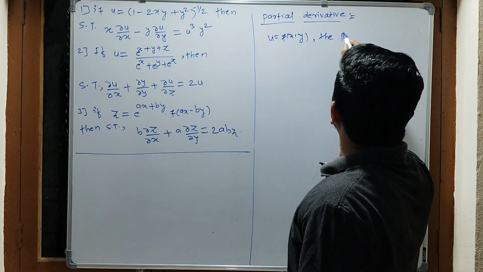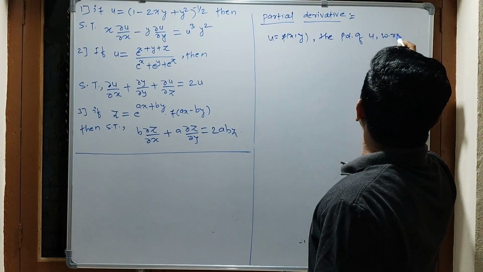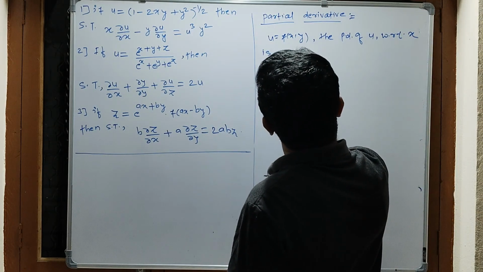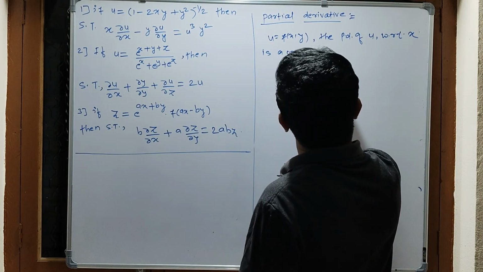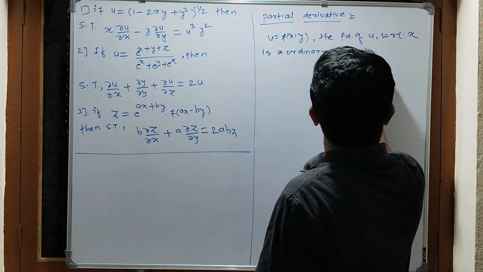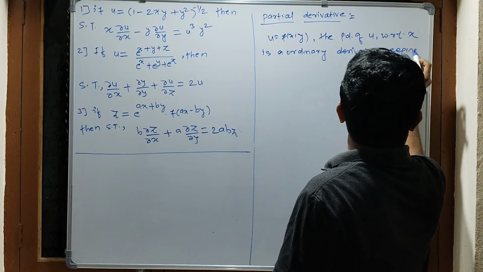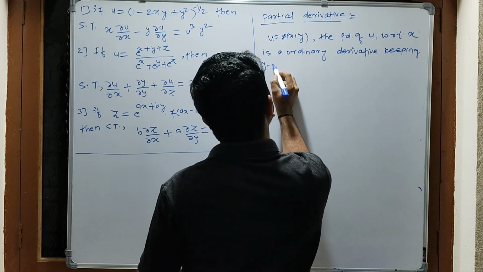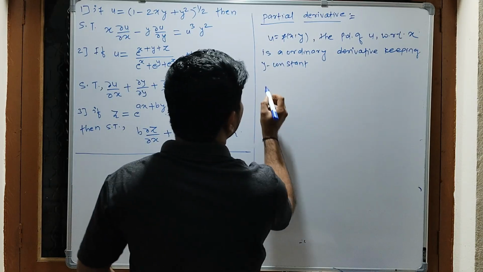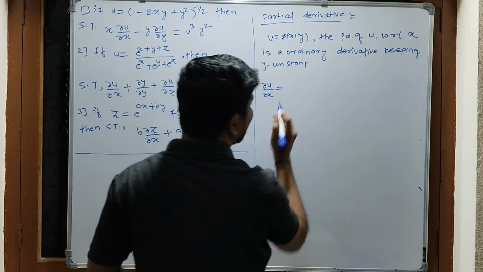The partial derivative of u with respect to x is an ordinary derivative, keeping y as a constant.